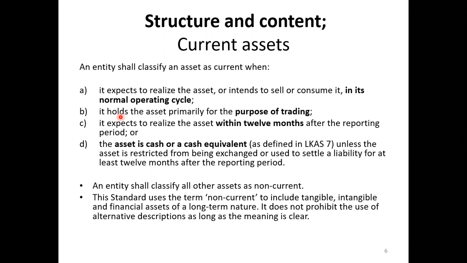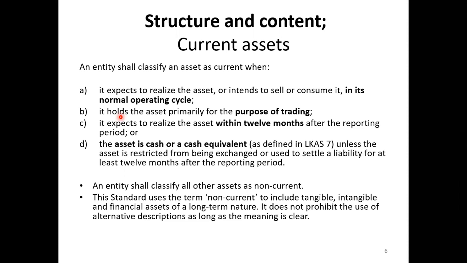So an entity purchases some type of asset, but the purpose of purchasing such asset is to resell. For example, land. An entity purchases land in a particular area for the purpose of resale within 12 months.